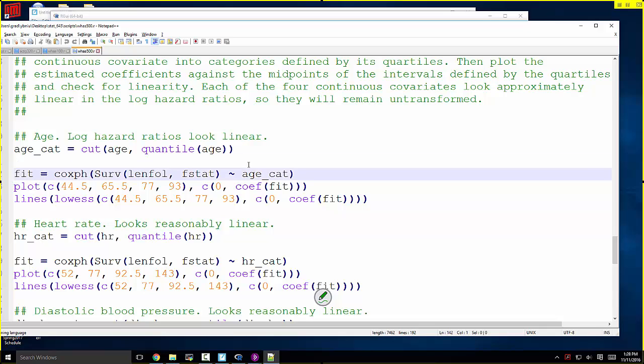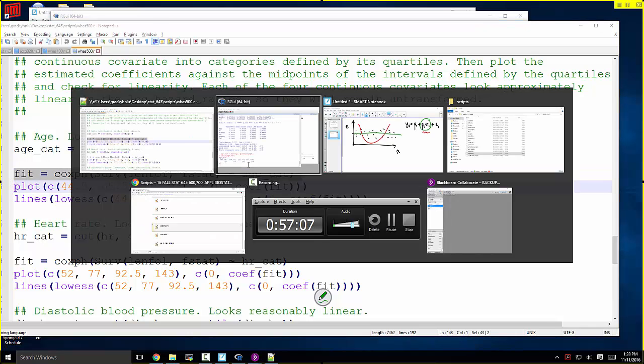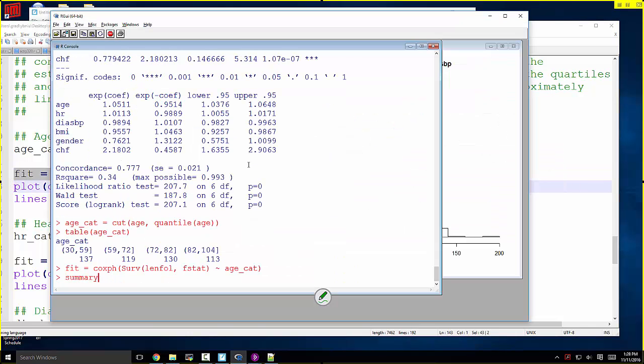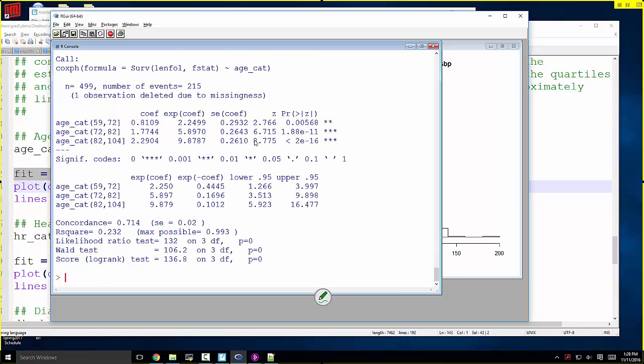So instead of treating age like a linear covariate, we're going to treat it like a categorical variable. So let me show you the output of this. Now we have a log hazard ratio for the middle category, log hazard ratio for the upper mid, and log hazard ratio for the upper.